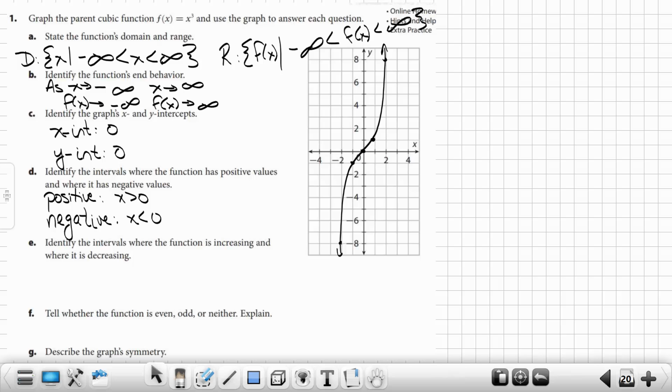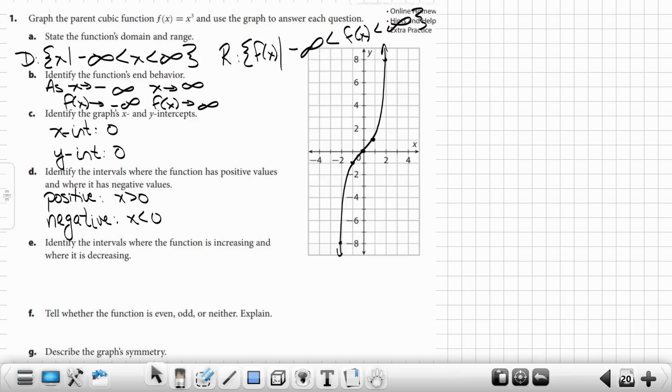All right, let's get somebody other than that trio or Alexa. Identify the interval when this function is increasing. Florian, is it the same as the negative?